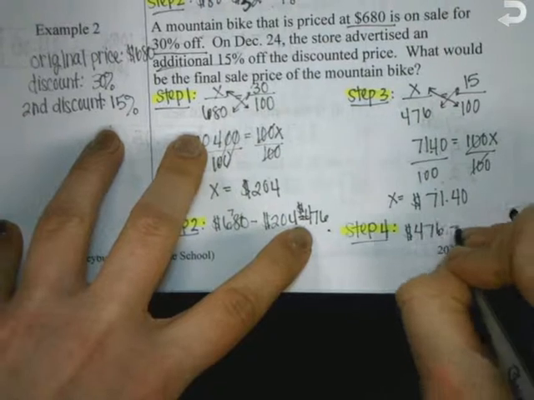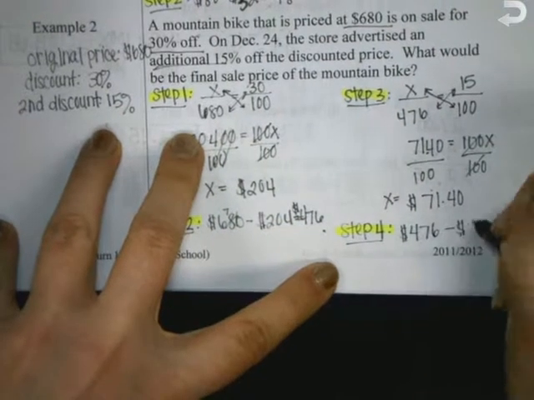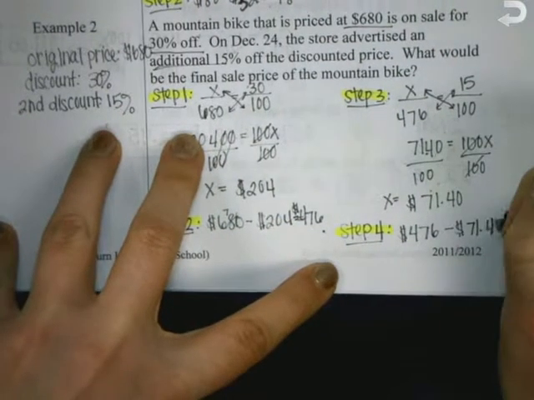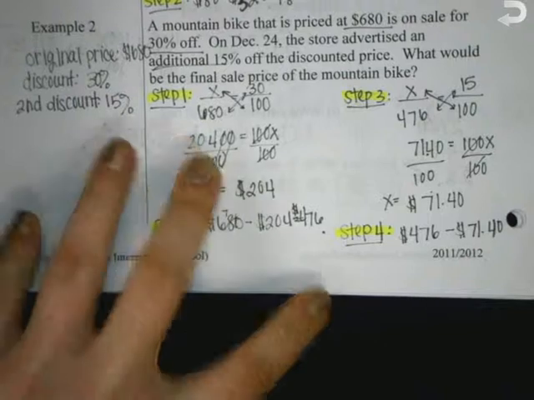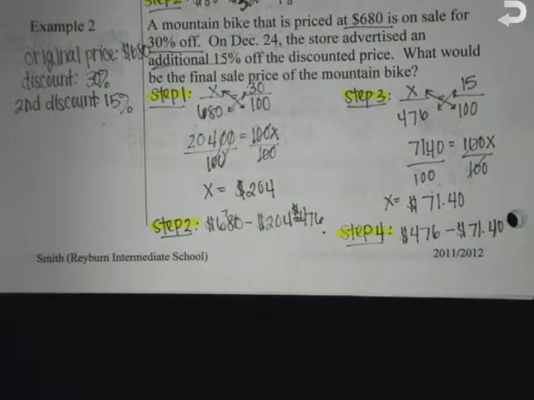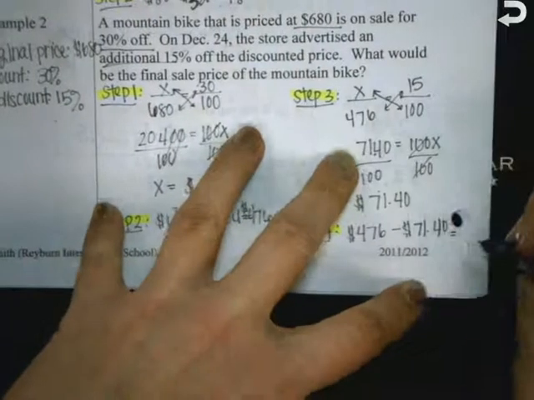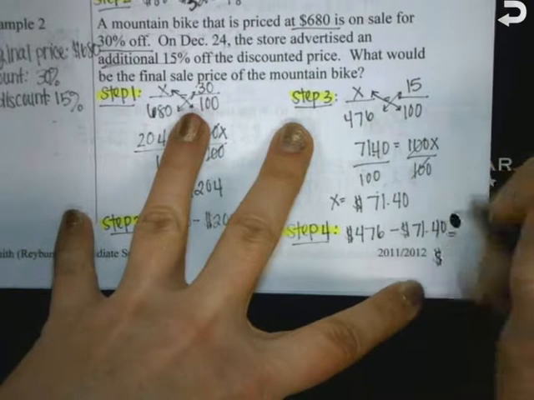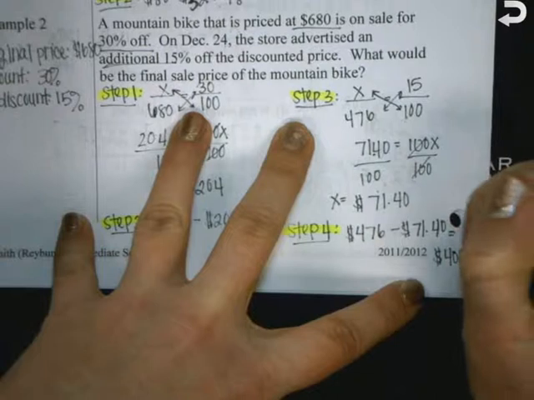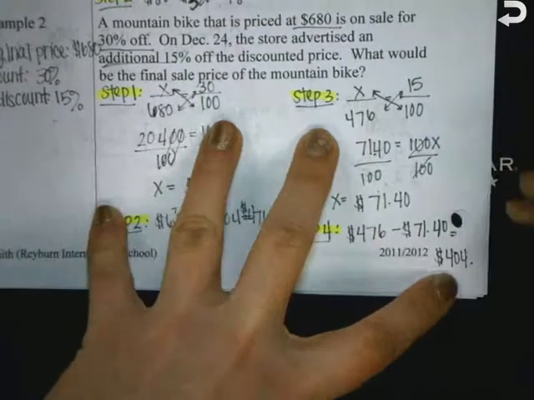So that gives me 476 minus 71.40. So that equals $404.60. Yeah? You got, you did?